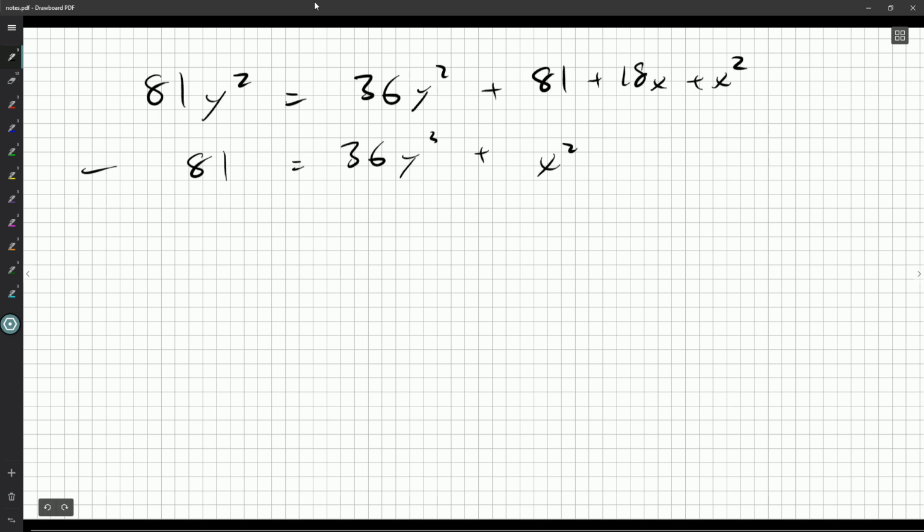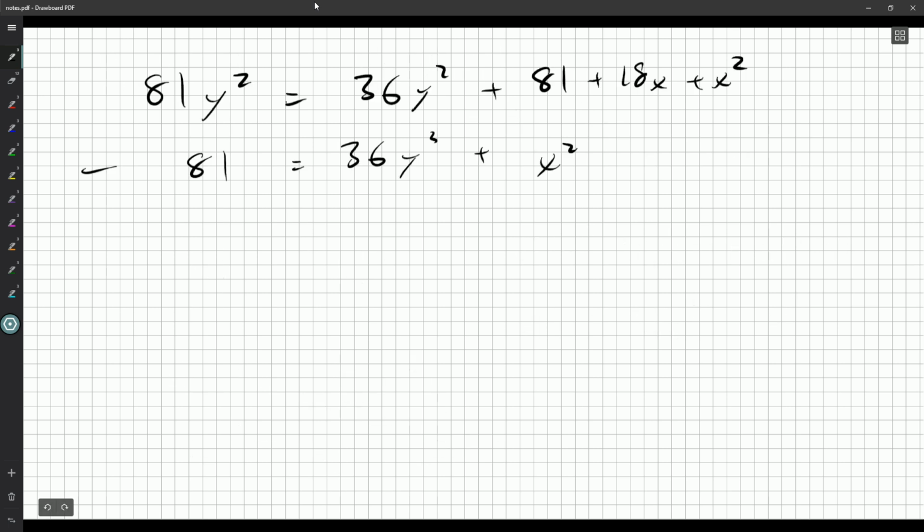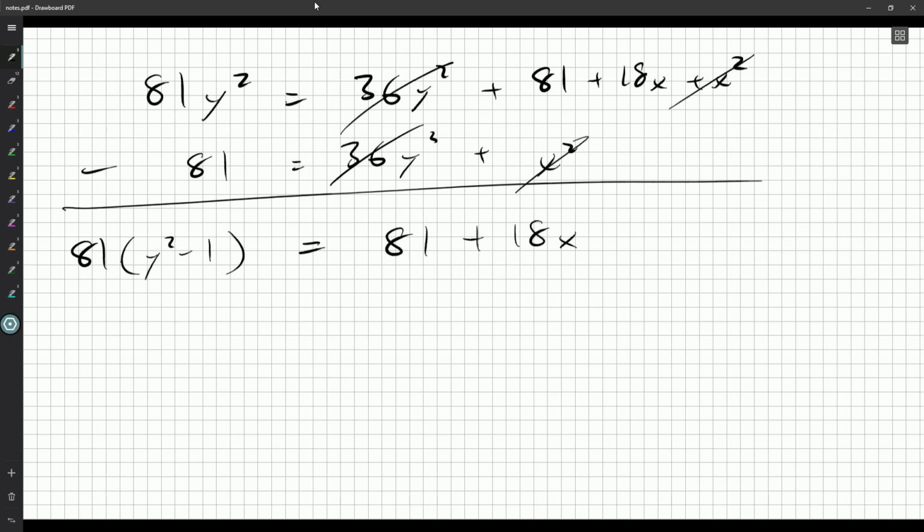And now it looks like when we subtract, we'll get 81y squared minus 1, which maybe we could factor. These two cancel out, the x squareds cancel out, and we'll get 81 plus 18x. Now, this still leaves me with x's and y's.